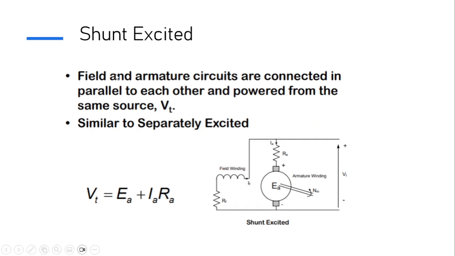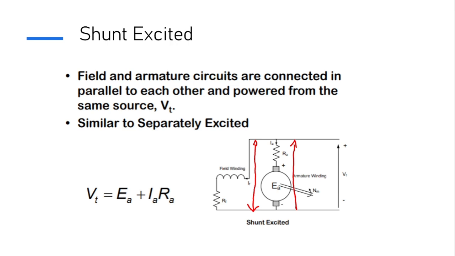And obviously each of them has different advantages and disadvantages. So for shunt, it's connected in parallel, sorry, shunt and parallel are the same thing, right? So they're basically in parallel with each other. So now it's one source and it's in parallel, so the voltage drop across here is the same as across there. So they basically split it up, and if you split, you'll have different currents.